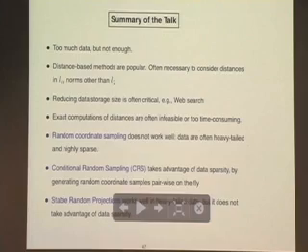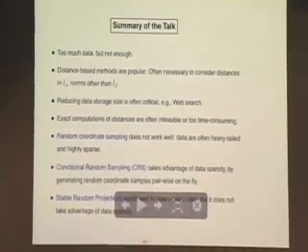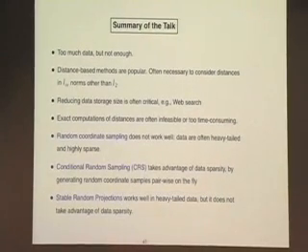So finally, we get a summary of the talk: we have lots of data, but people still want more. The distance-based methods are very popular, and it is often necessary to consider distances in L alpha norms other than L2 norms because the data are heavy-tailed. Reducing the data storage size is often critical, like in web search, and exact computation of distances is often not necessary, or infeasible, or too time-consuming.